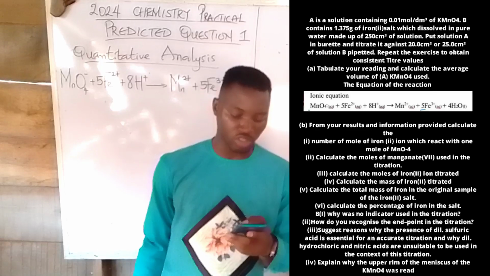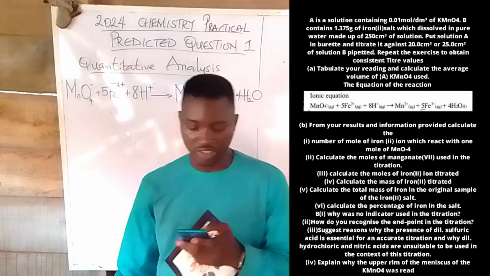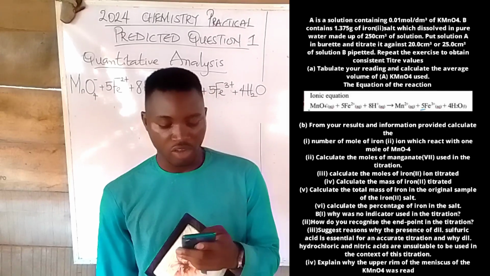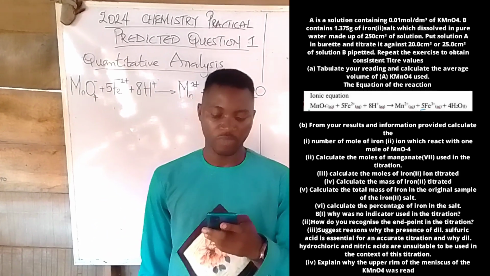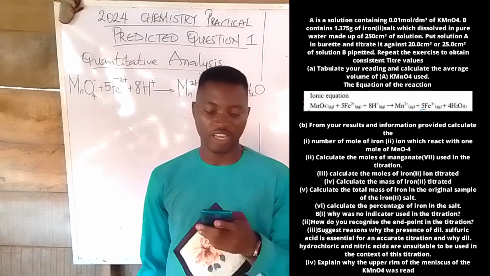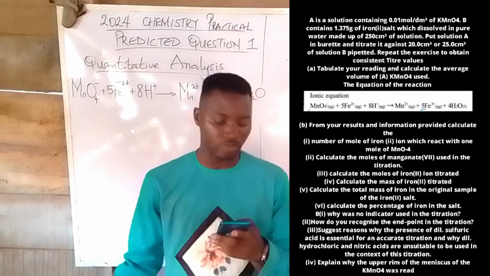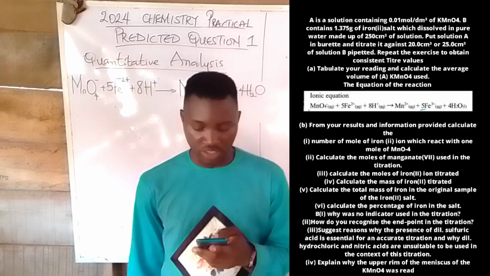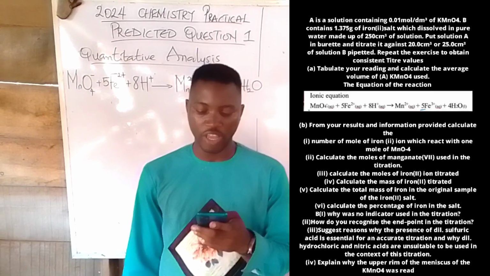According to the instruction, you have to put A in the burette and titrate it against 25 centimeter cube of solution B. Repeat the exercise to obtain consistent titre values, tabulate your readings, and calculate the average volume of A, that is KMnO4, used.